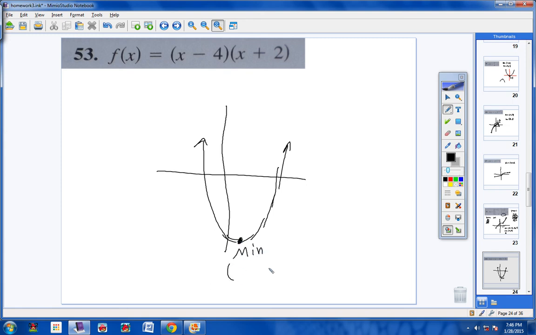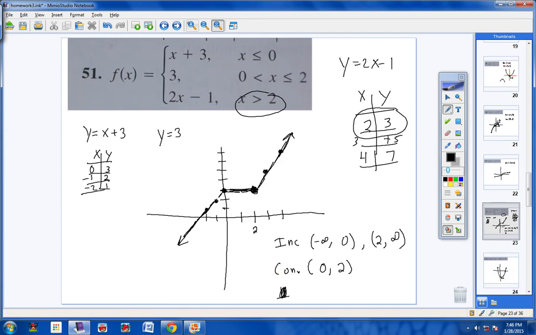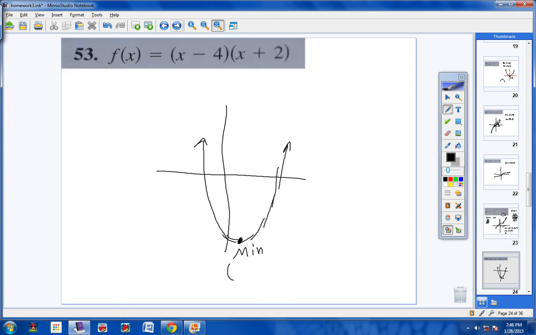Okay, so let's find that minimum point. So here's what we're going to do. We're going to go to our calculators in a second if I can get this thing to work. There we go. We've got this graph up on our screen, okay? So we're going to go to second calculations. That's top right, second button over to the left. So top right all the way up, top right corner, then go one button over to the left, and that'll be the calculations.